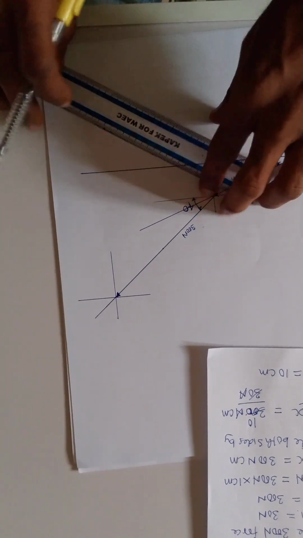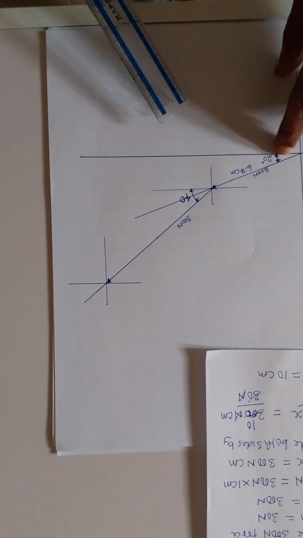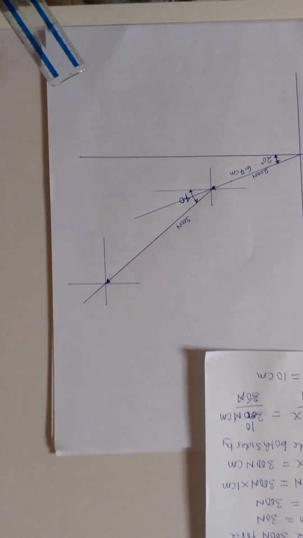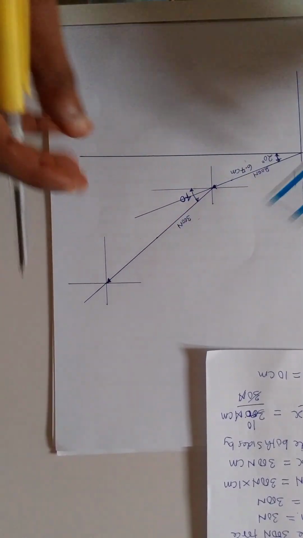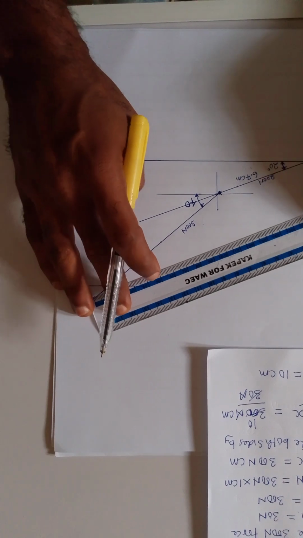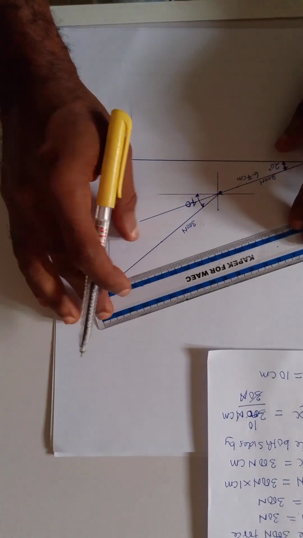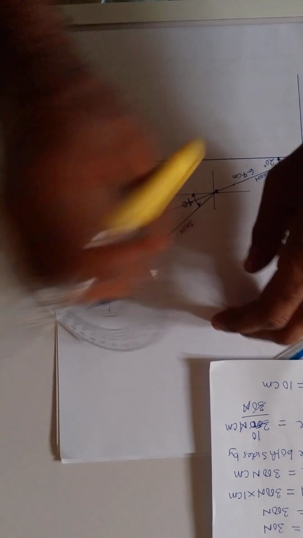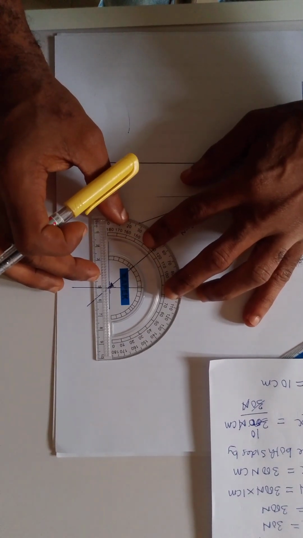We know that the 200 Newton force is inclined at 20 degrees to the horizontal, and this is the horizontal, and we have to draw it in such a way that it is parallel to this other 200 Newton force. So we bring our rule. This is our horizontal line, so it's going to be 20 degrees to the horizontal.